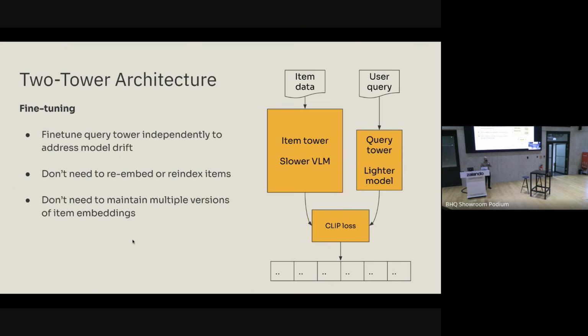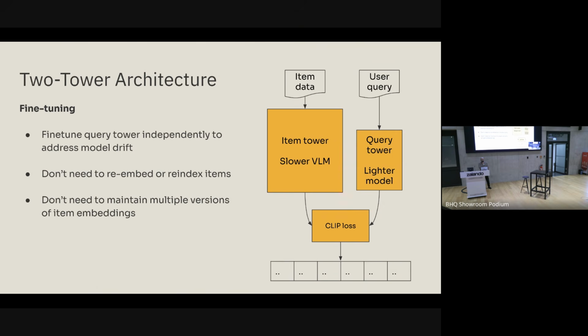Another good thing about the two-tower architecture is that fine-tuning the towers can be done independently as well. So let's say you have some sort of model drift. Your model's been in production for a couple of months and performance is starting to go down. In this case, you can fine-tune just your query tower, which is the smaller model, maybe account for whatever new user behavior.